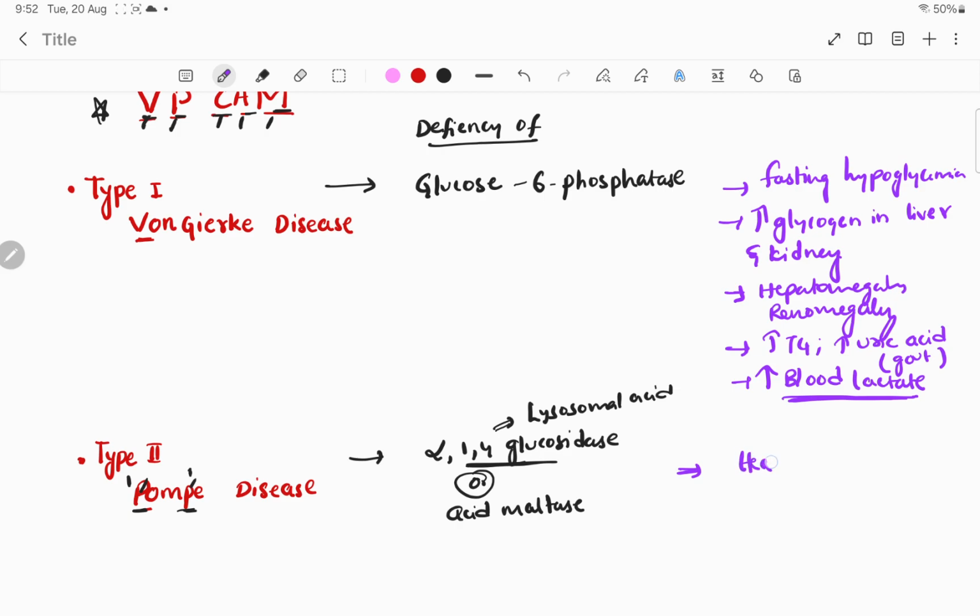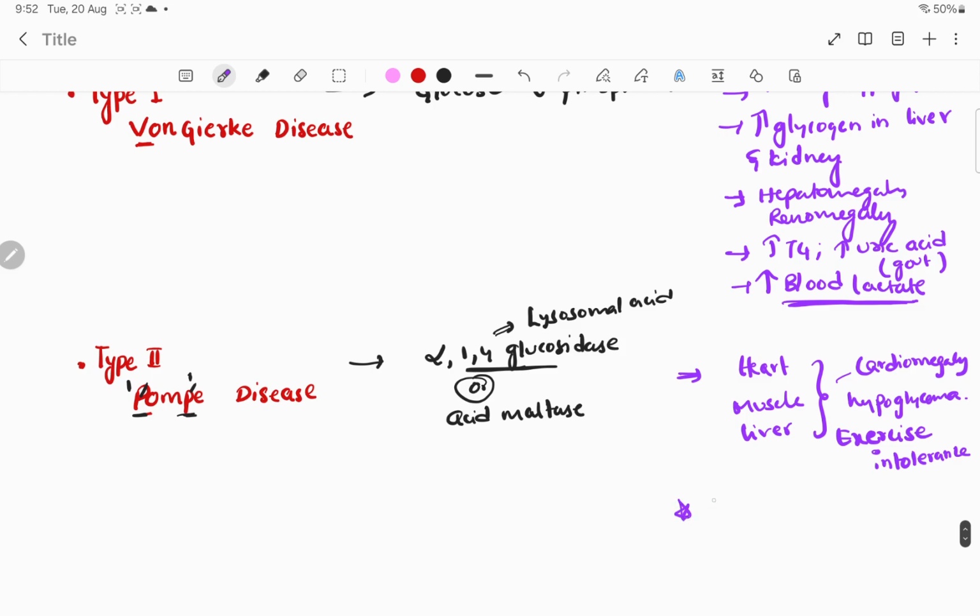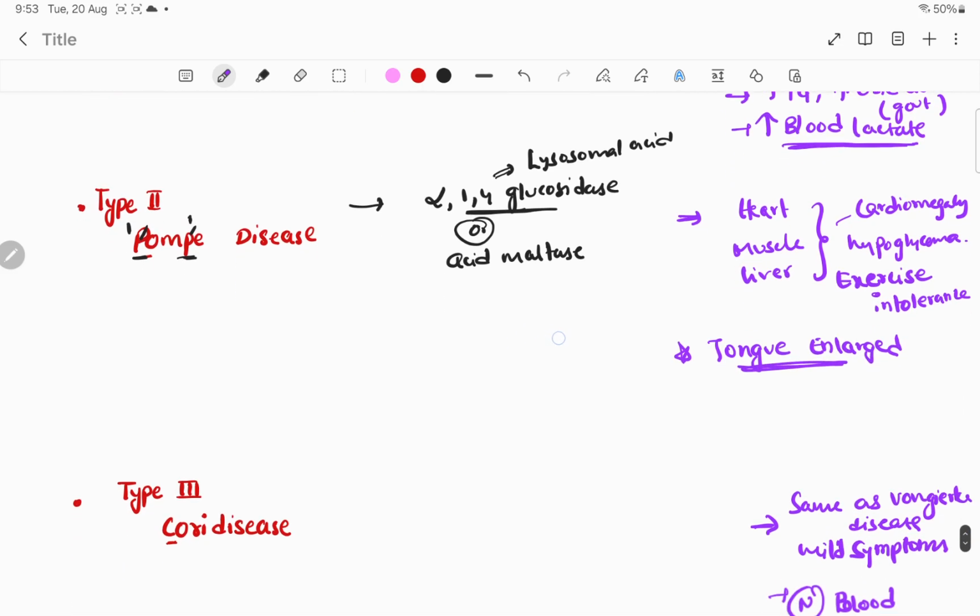The heart is a pump, the soleus, the peripheral heart, that is muscle, is also a pump, and remember the liver. So involvement of these three organs can be seen, like cardiomegaly, hypoglycemia, and exercise intolerance. The main thing in Pompe's disease is an enlarged tongue. Enlarged tongue will be seen in Pompe's disease.